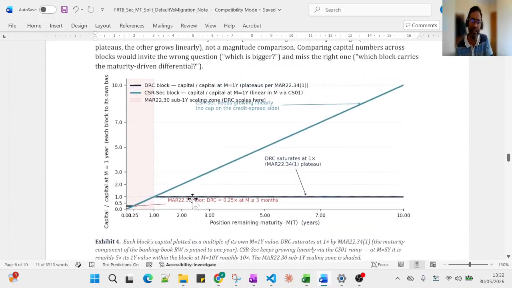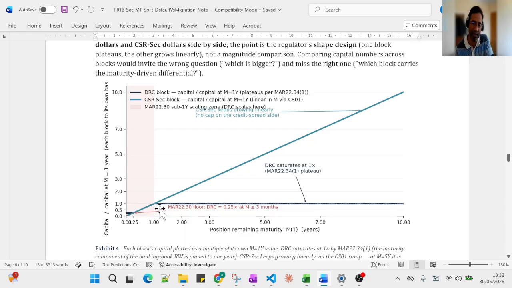Okay, and this is showing that for the DRC, maturity plays a factor only if the remaining maturity is less than 1 year, from 0.25 to 1 year. There it actually plays a major factor. If it is more than 1 year, it doesn't matter.